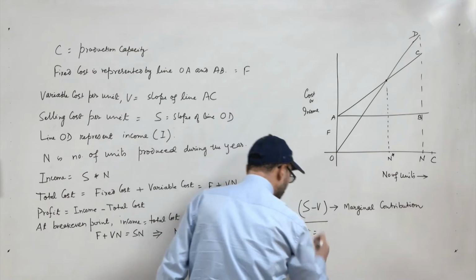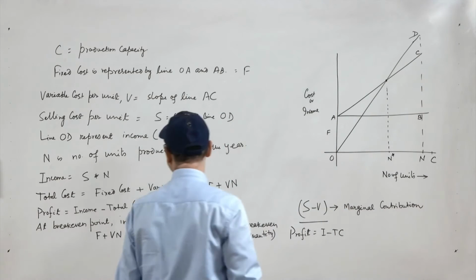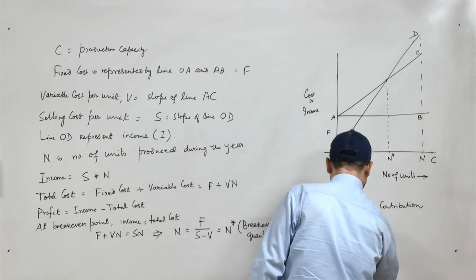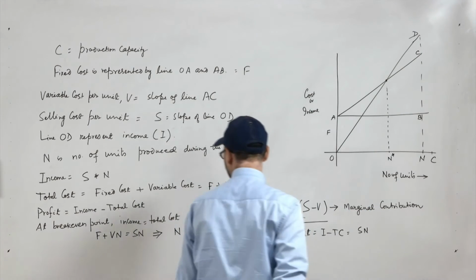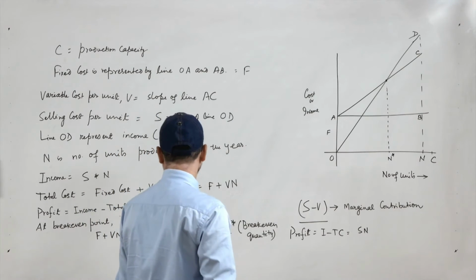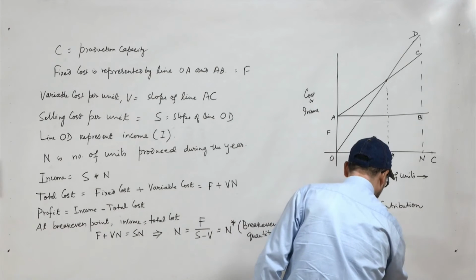So, if you find the function for the profit, profit will be equal to income minus total cost, and income is Sn minus total cost, which is F plus Vn.